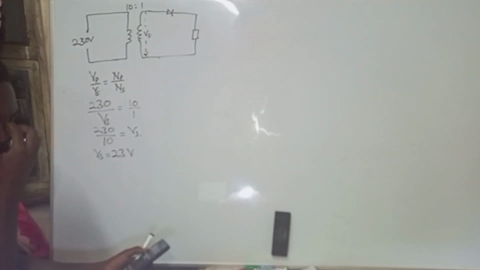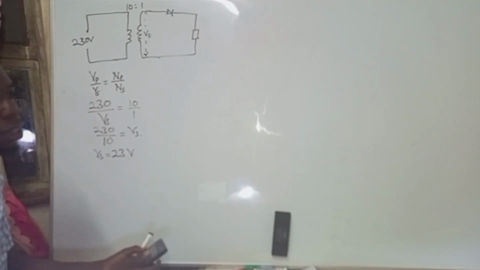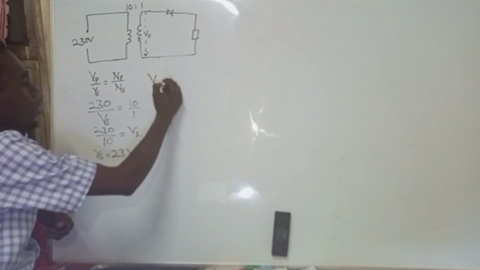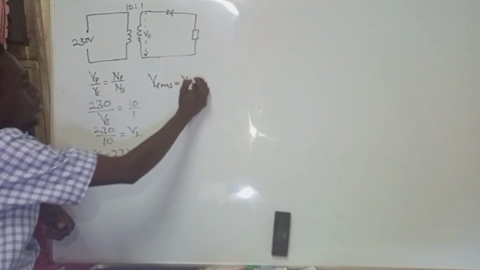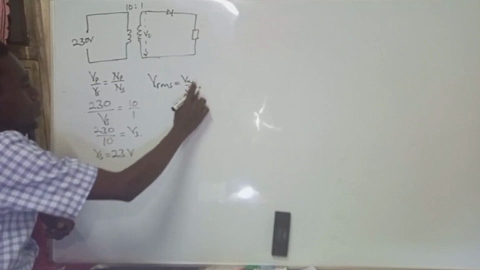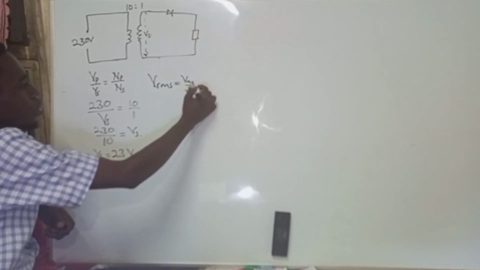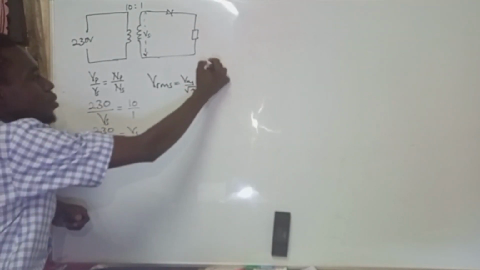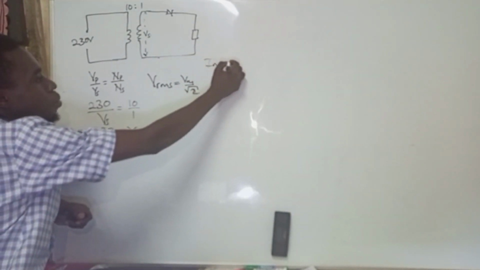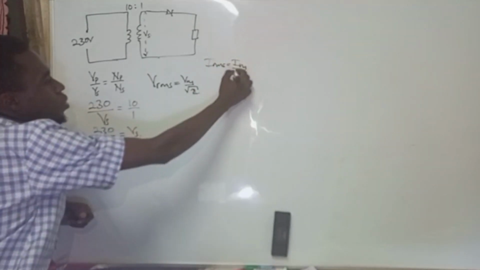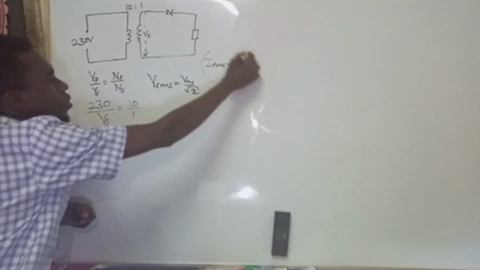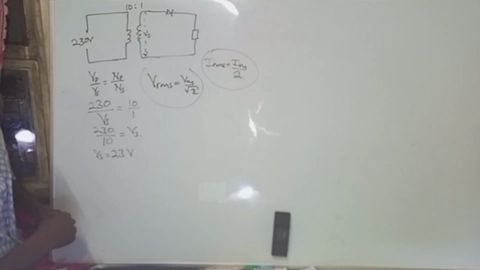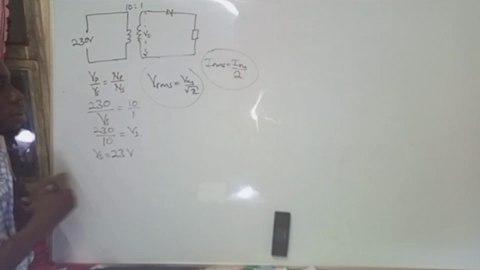So VRMS equals Vmax over root 2. Now someone might be confused: the other side it was IRMS equals I max over 2. Let these two not confuse you. This one and this one are two different things for this particular scenario.